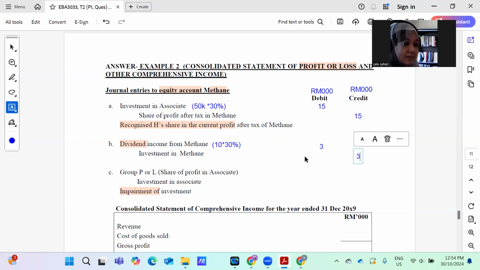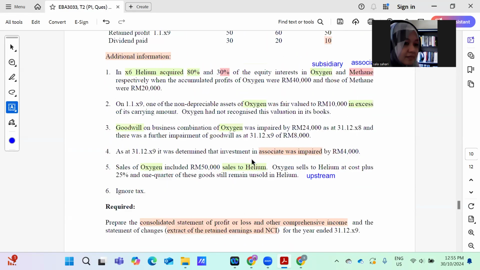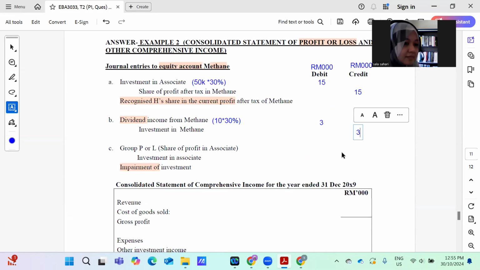All right, let's see number C. We look at note number 4 for C on impairment. So for note number 4, it mentioned that as at year 9, it was determined investment in associate was impaired by 4,000 ringgit. So this one we just do the simple double entry, we follow the question lah.